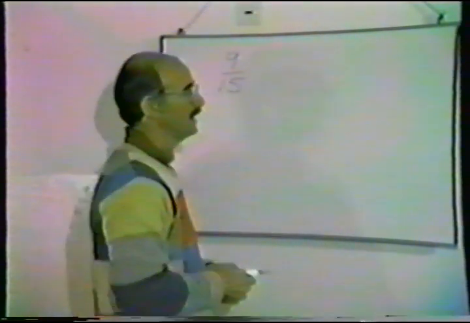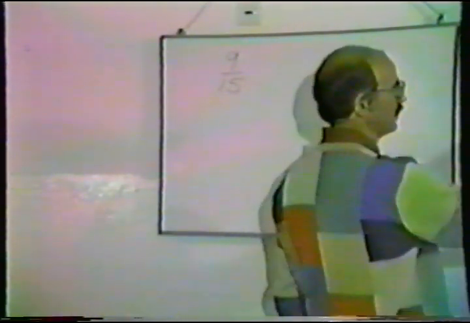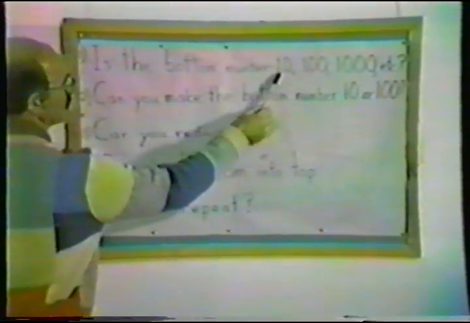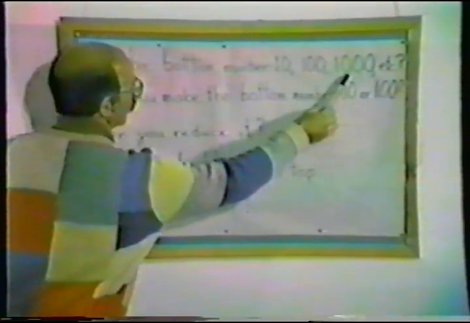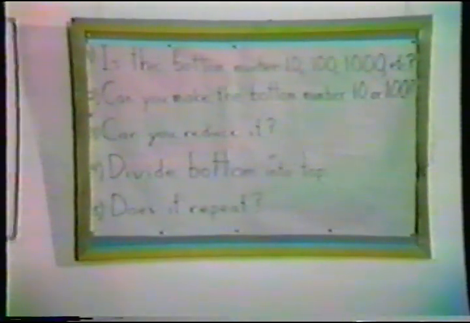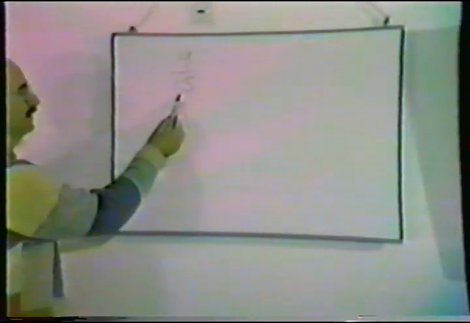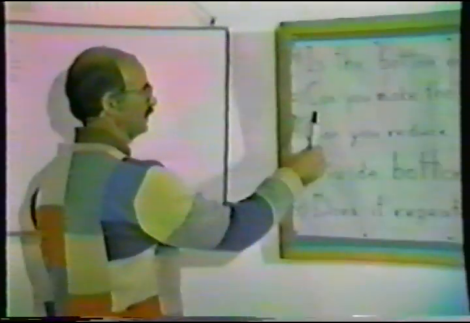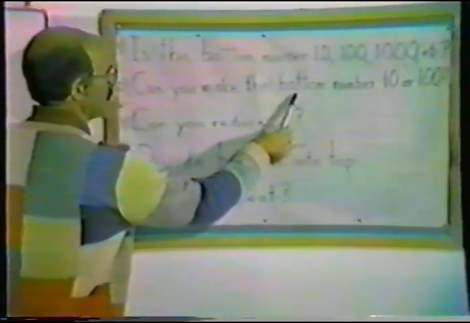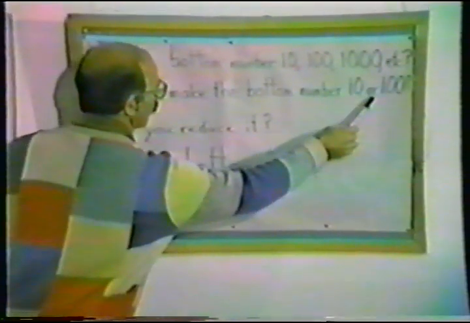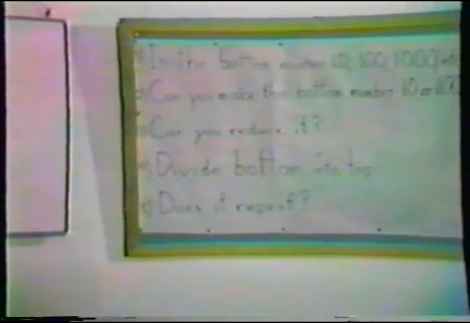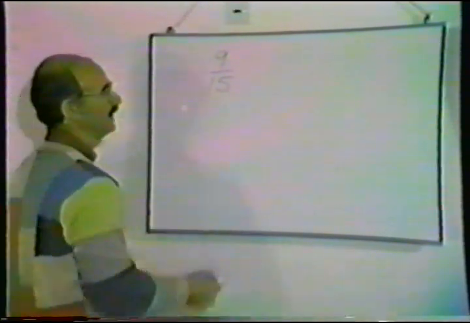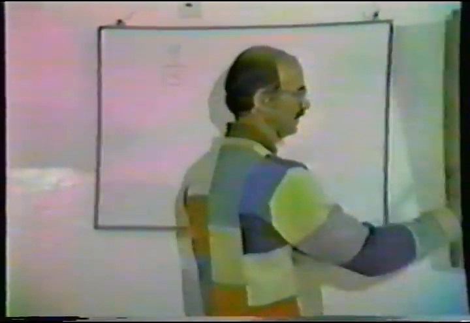9/15. Please read the first question. Is the bottom number 10, 100, or 1,000? And what is the answer? No. Let's read the second question. Can you make the bottom number 10 or 100? And the answer is? No. Third question.